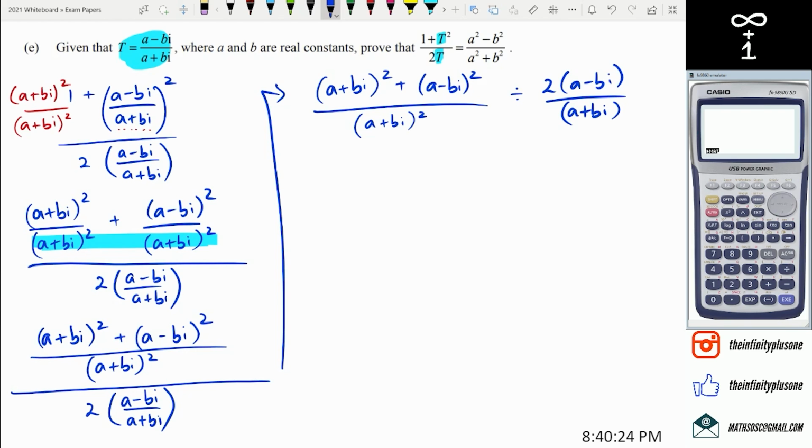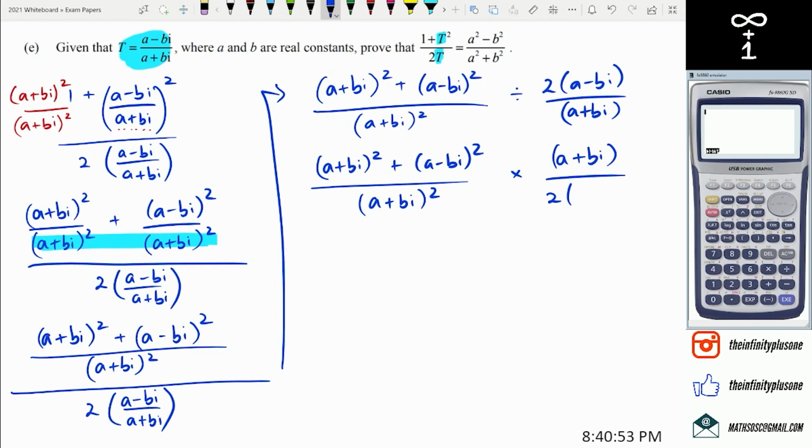I think this part is really important, because what we can now do is multiply by the reciprocal of it. I'm still not expanding anything. So I've got (a plus bi) squared plus (a minus bi) squared over (a plus bi) squared multiplied by, now flip the fraction over, (a plus bi) over 2 times (a minus bi).